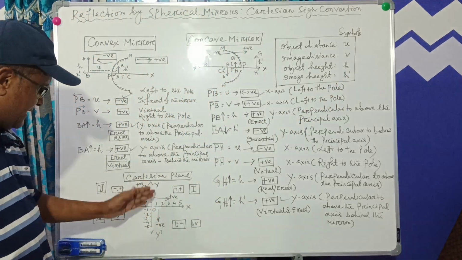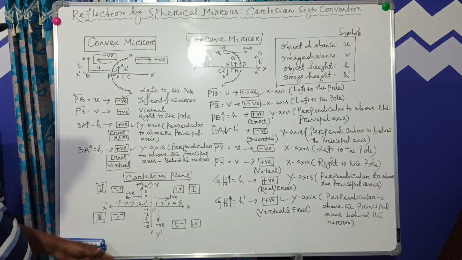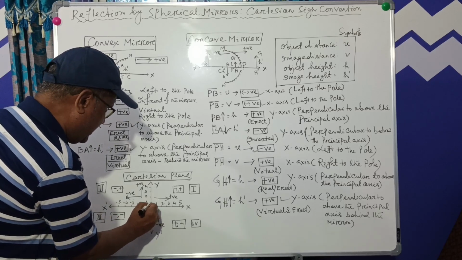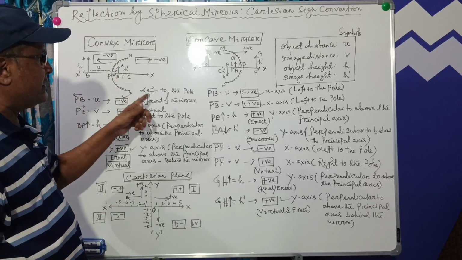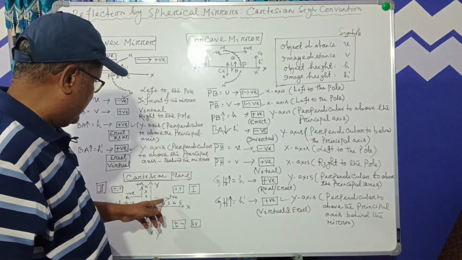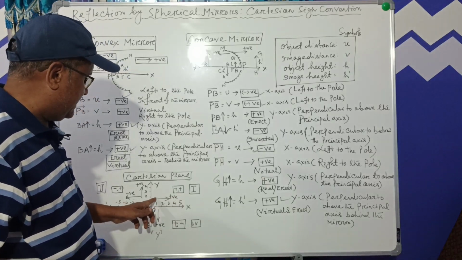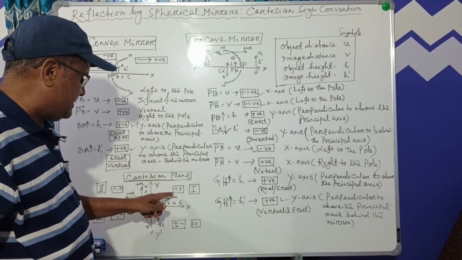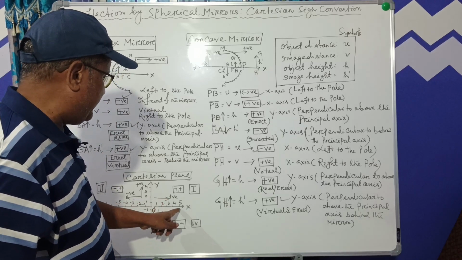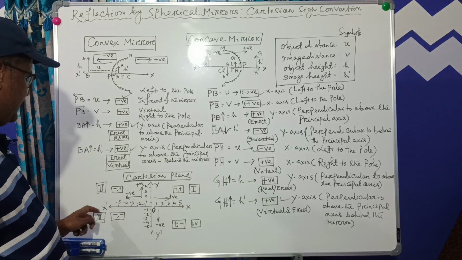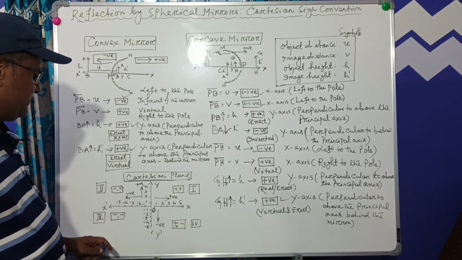Okay, so again I repeat for your understanding. From the origin, which is treated as the pole in the case of a concave or convex mirror, towards the right of the x-axis is treated as positive. Towards the left is called negative.